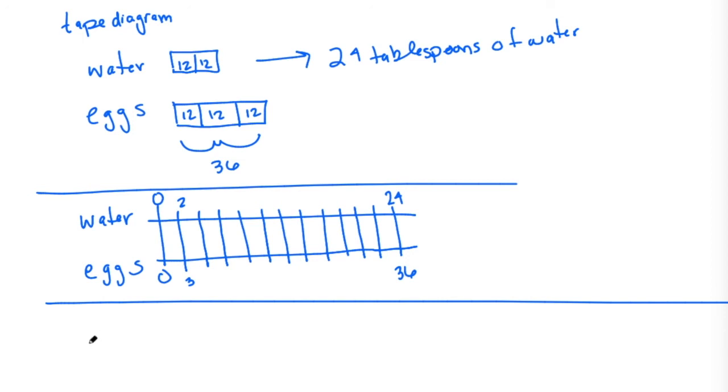And we could do the same thing with a table. So our table, if we have water and eggs, if we have 2, it would have 3.